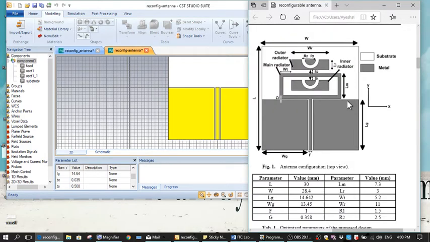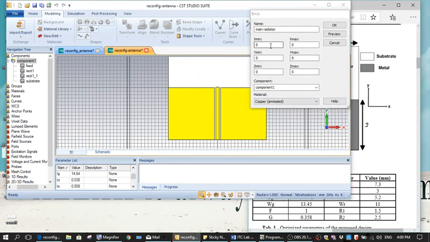So LM and WT plus WR. So along X min it is negative of WT plus WR by 2, and along X max it is positive.